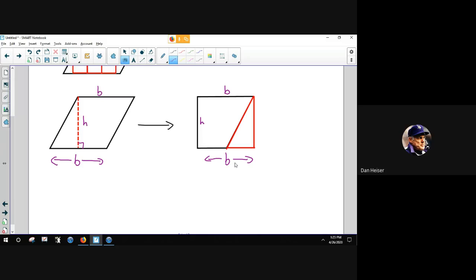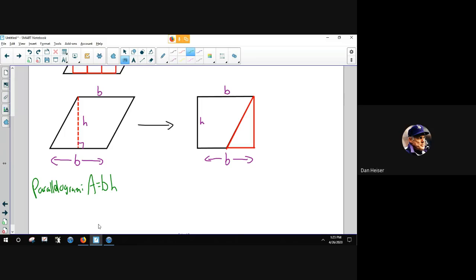So I have not changed the overall length of the base. Because the area of a rectangle is base times height, or length times width, so is the area of the original parallelogram. It is base times height.